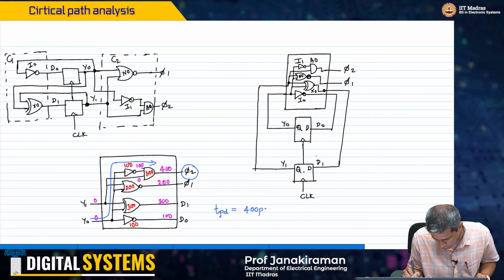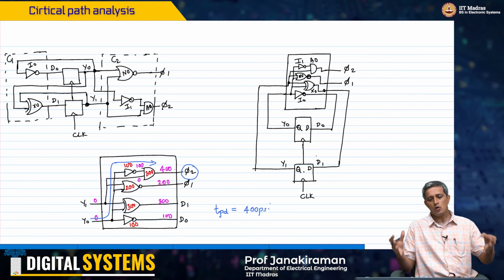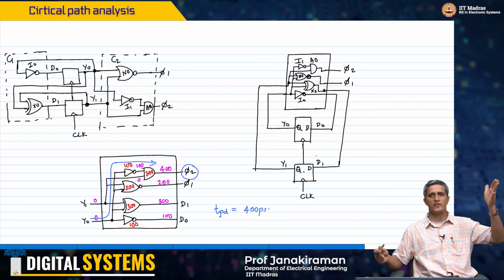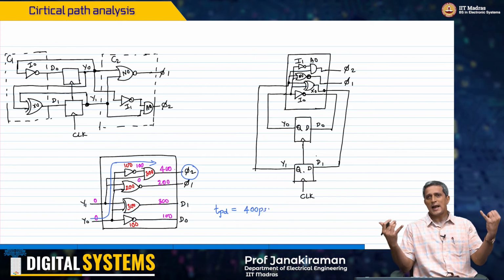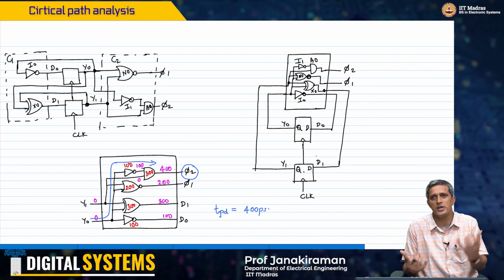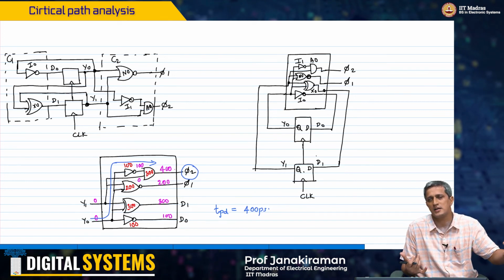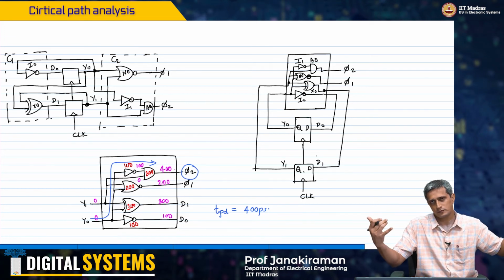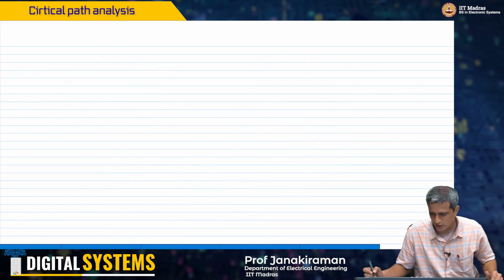400 picoseconds for this. Now, we know that when I put a combinational block between two flip-flops, the maximum clock frequency that you can operate at is determined by the propagation delay plus the clock-to-Q delay on the launch side and the setup time on the capture side.